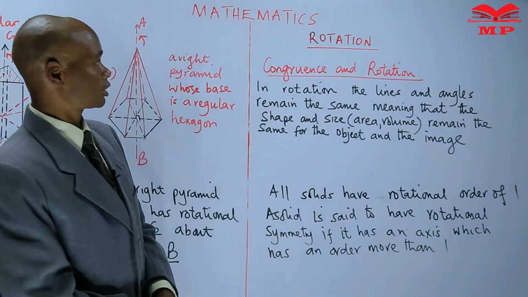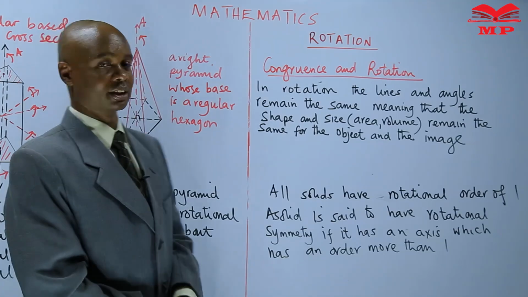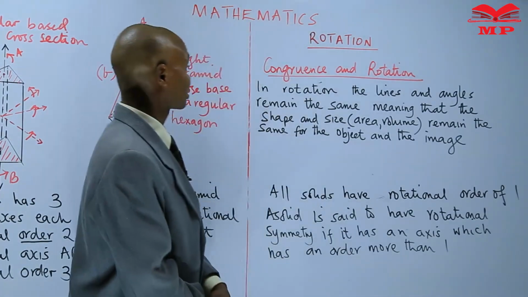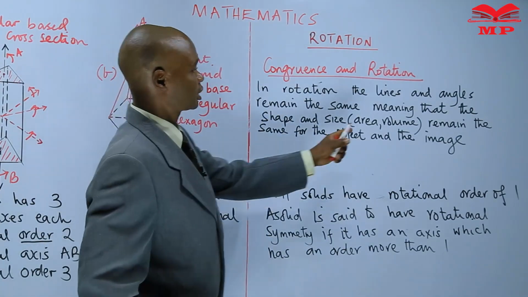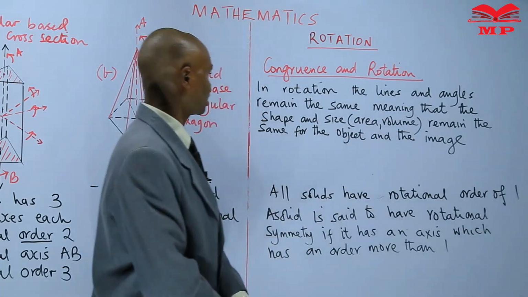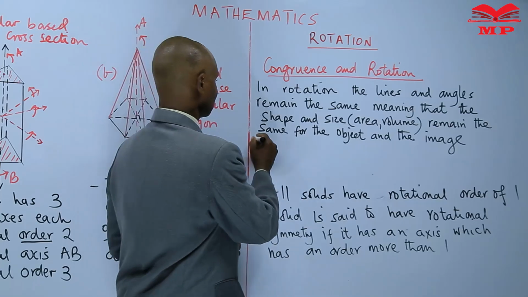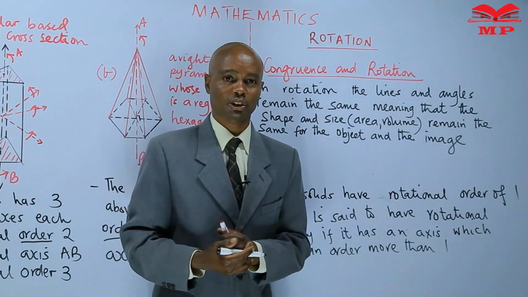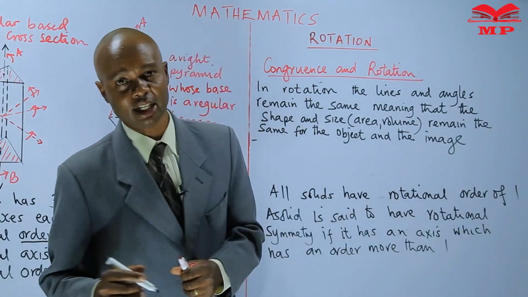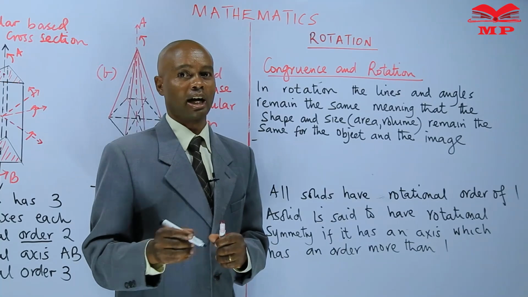Shape and size, which relate to area and volume, remain the same for the object and the image. This is a clear indication showing that the object and the image are congruent.